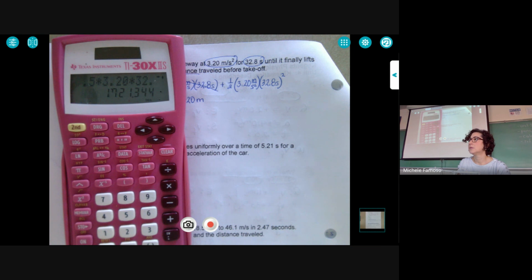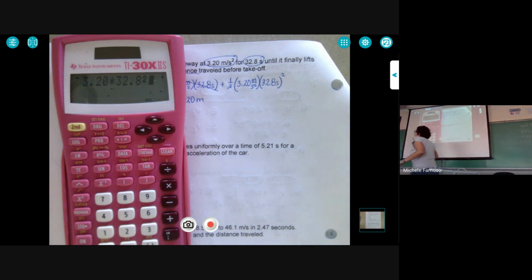Are you using the X or the... You don't need any parentheses. Just type in 0.5 for a half times 3.20 times 32.8 squared. I'm still getting... 0.5 times 3.2 plus 0.5 times 3.2 times 32.8 hours squared.